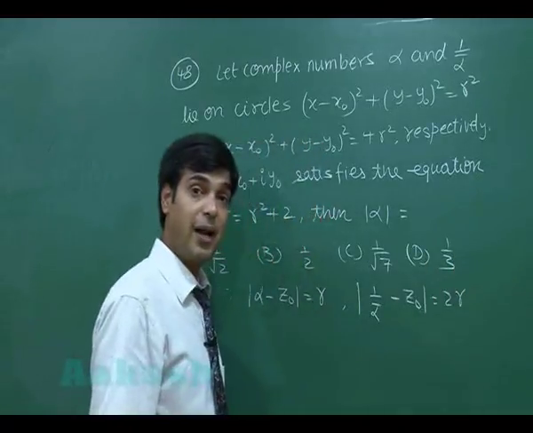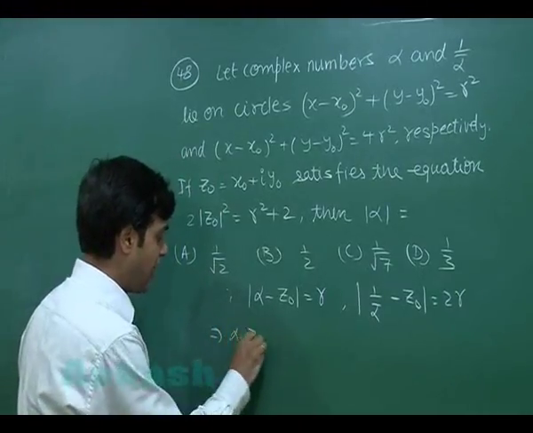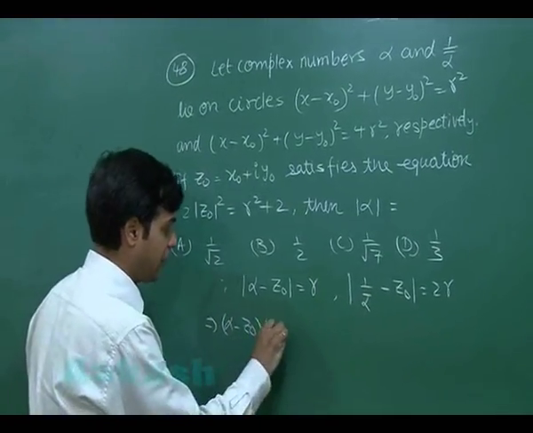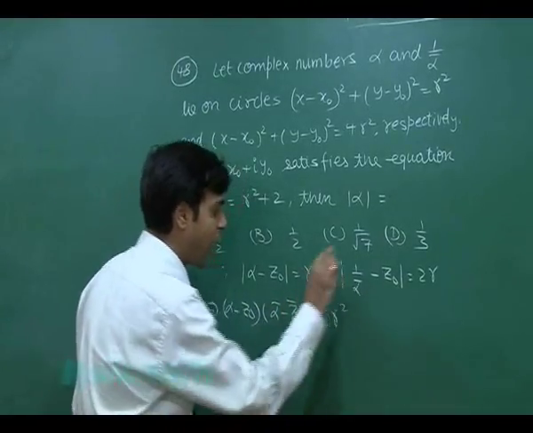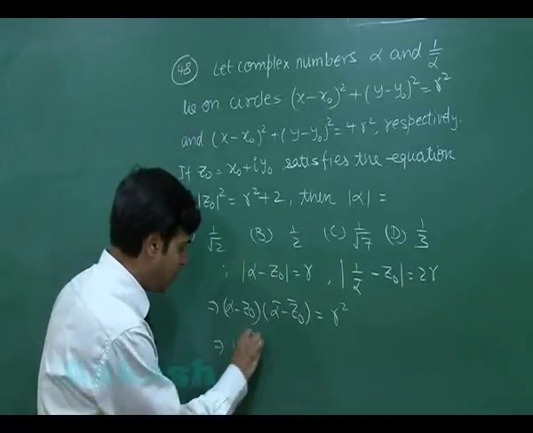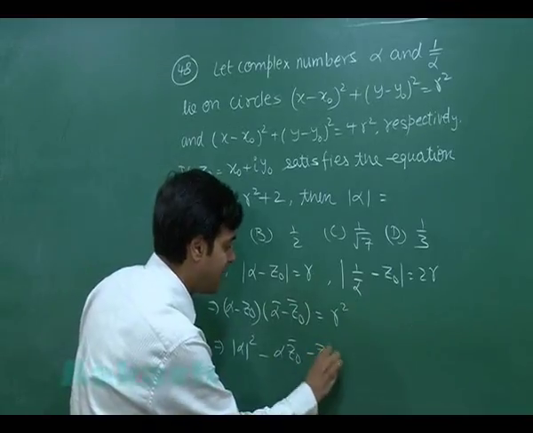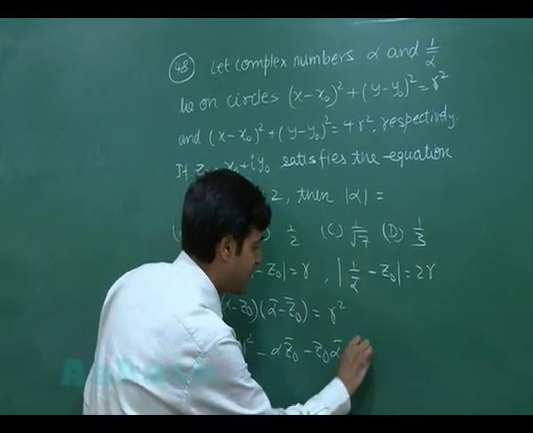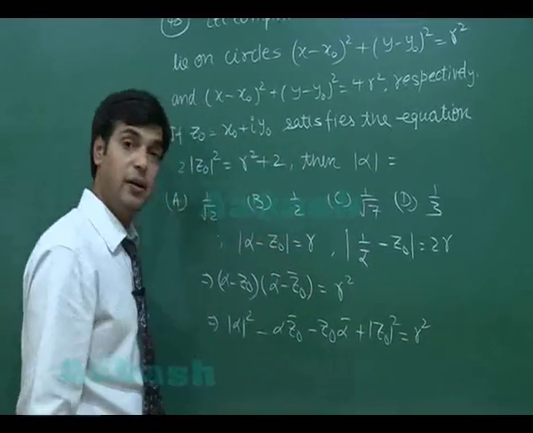From the first equation we can say that (alpha minus z naught) multiplied with (alpha bar minus z naught bar) is equal to r square. Simplifying, we get mod alpha square minus alpha z naught bar minus z naught alpha bar plus mod z naught square is equal to r square.